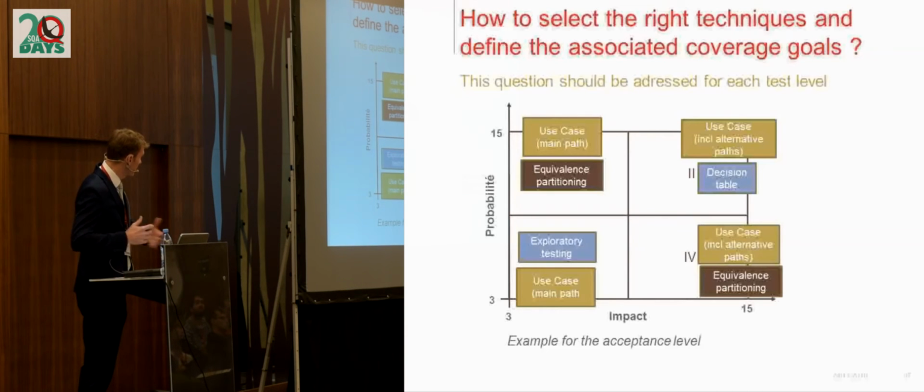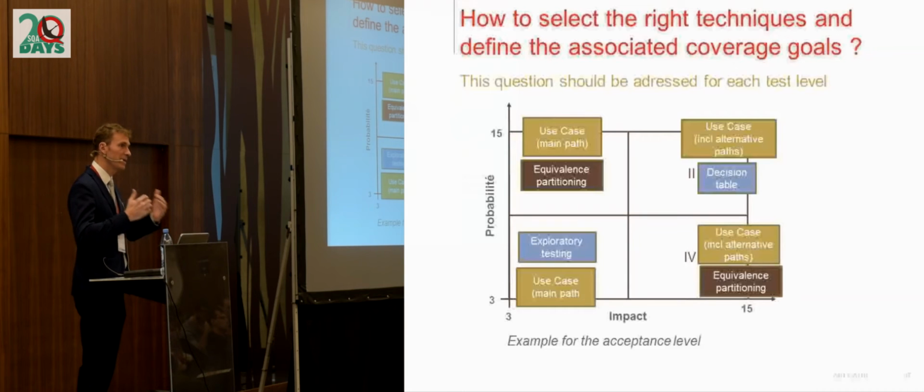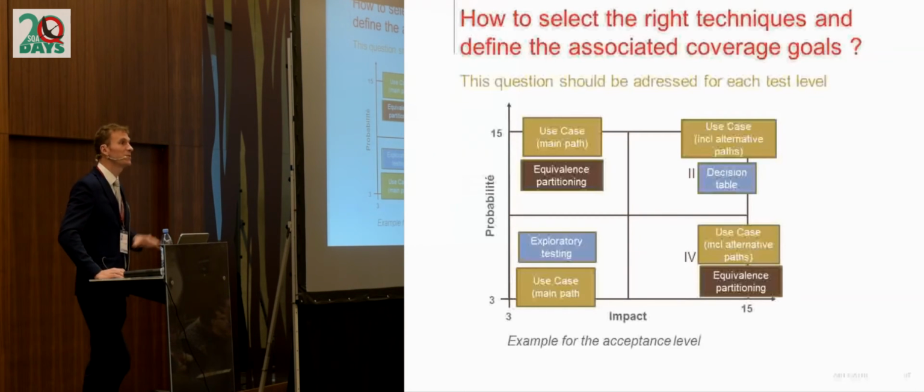For example, if the corresponding feature is described with use cases, if the risk level is very high, you will test every possible combination in the use case, normal path and exceptions, alternative path. But if the impact is low, you will just test the main scenario of the use case.